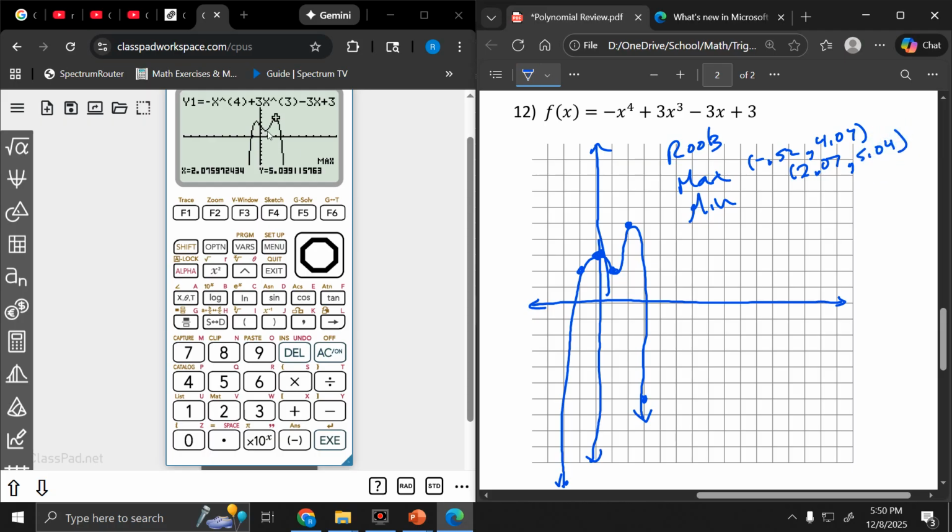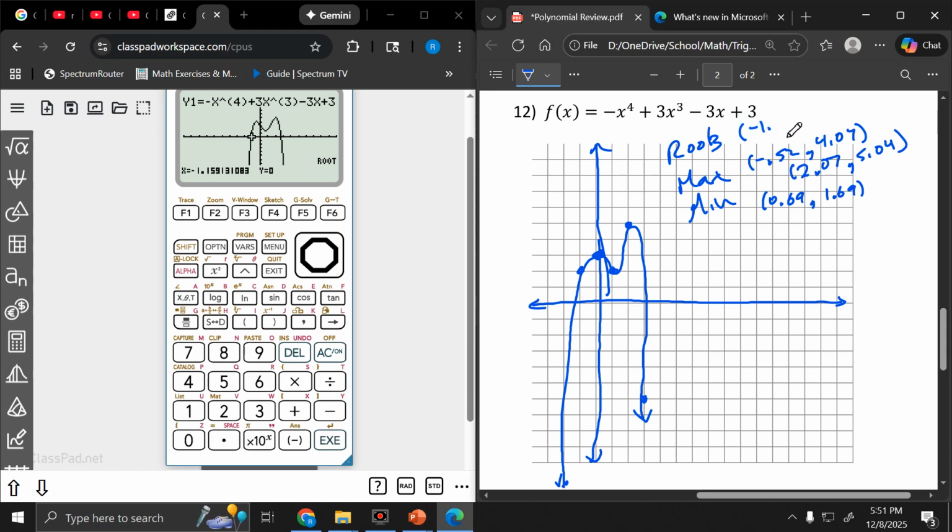Now I need my mins. I need that one, so shift G solve min, and I have 0. I can't read that. I guess 69 comma 1.69 also. And then I need my roots. I have 2 right here, so shift G solve root.